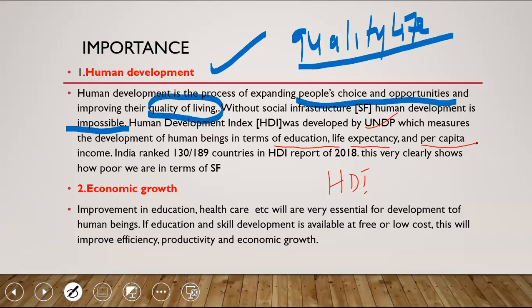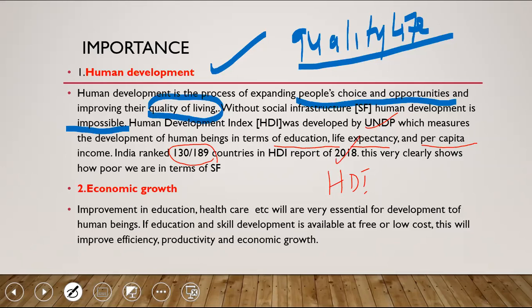They studied 189 countries, and India's rank is 130 out of 189. See here, this is the HDI report of 2018.